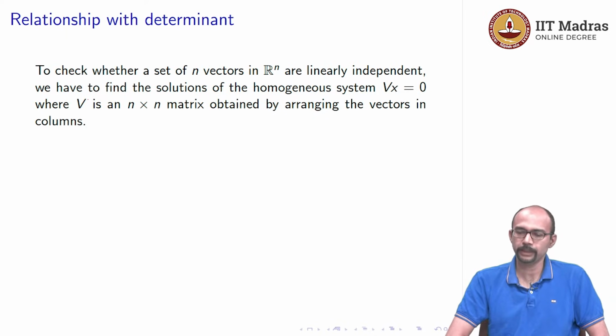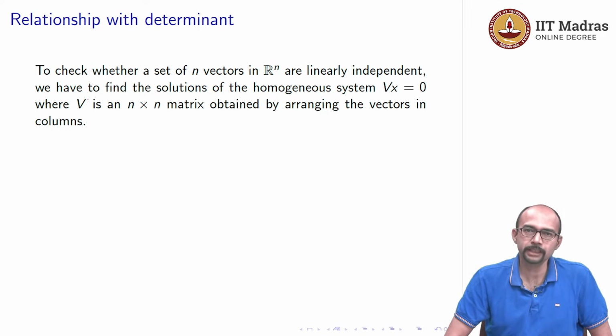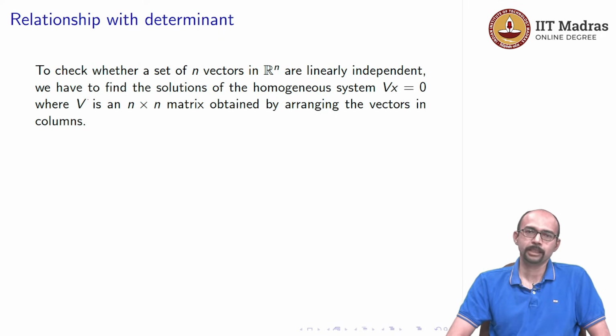Now suppose you have a set of n vectors in Rn, and we want to check whether they are linearly independent. What do we do? We take those vectors, express them in terms of their coordinates, and make the corresponding matrix V. That is now an n by n matrix, where the jth column of that matrix corresponds to the jth vector Vj, and then you look at the corresponding homogeneous system of linear equations Vx is 0 and ask whether the only solution for this is x is 0.